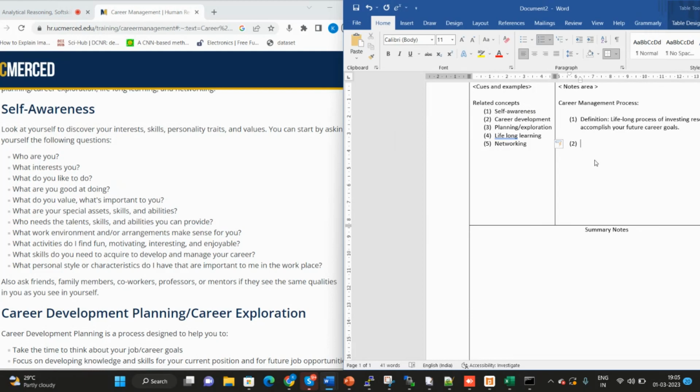Self awareness, அதுல வந்து it is a mix of interests, skills, personality traits and values. Super. ஸோ இங்க டெஃபினேஷன் எழுதிட்டோம்.